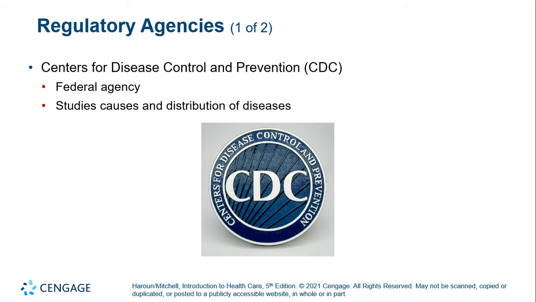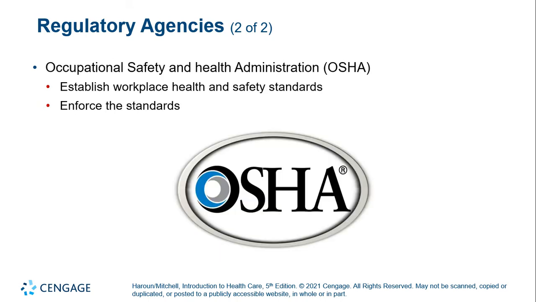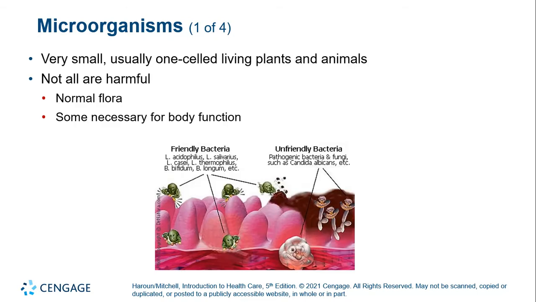The Centers for Disease Control and Prevention is the CDC, and they study the cause and distribution of diseases. OSHA, Occupational Safety and Health Administration, looks at workplace health and safety standards.